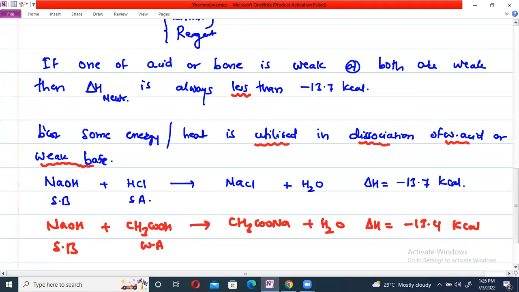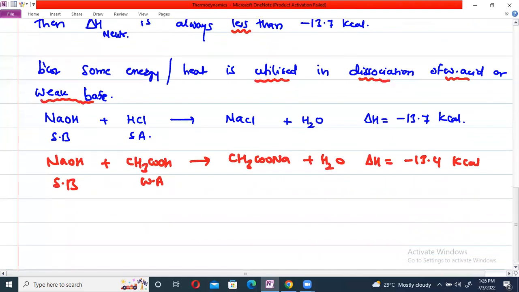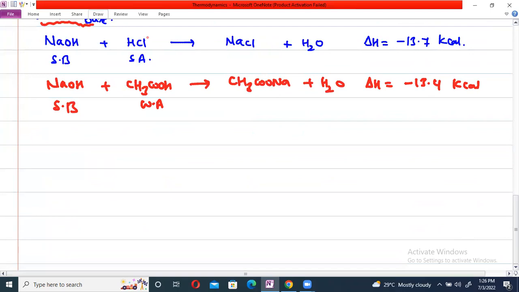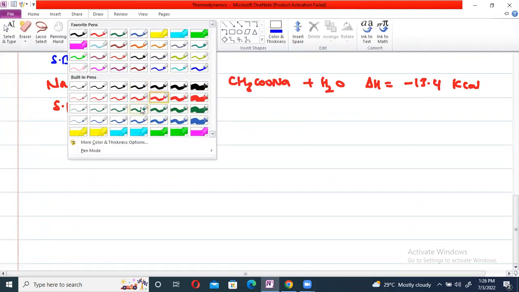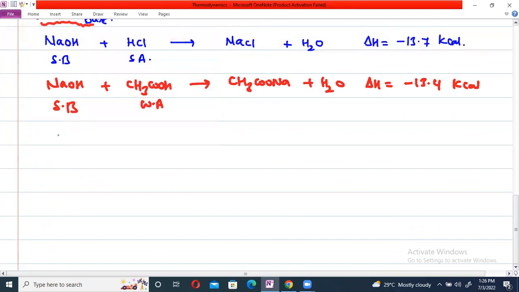One more example I'll give here. Suppose NH4OH, ammonium hydroxide, it is a weak base. When it combines with HCl, which is a strong acid, it gives rise to salt, NH4Cl, plus H2O, and delta H value equal to now.